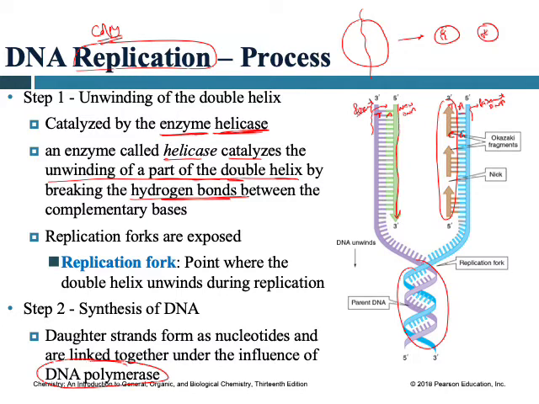So once the DNA replication is complete, you will see 4 DNA chains: 1, then 2, then 3, then 4, right? And then you will get 2 copies of DNA. This is 1 copy, this is the second copy, right?